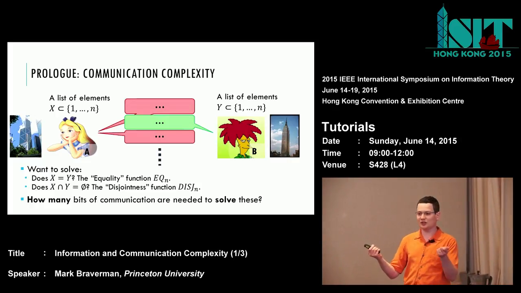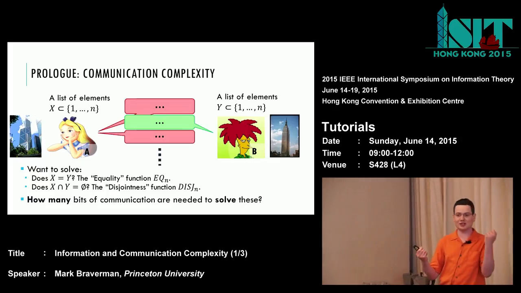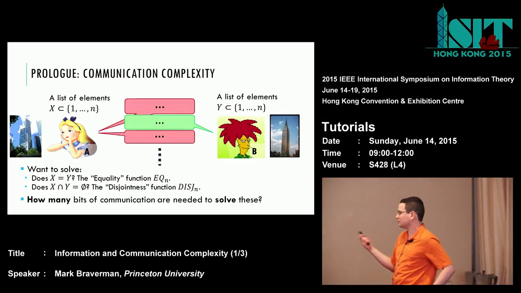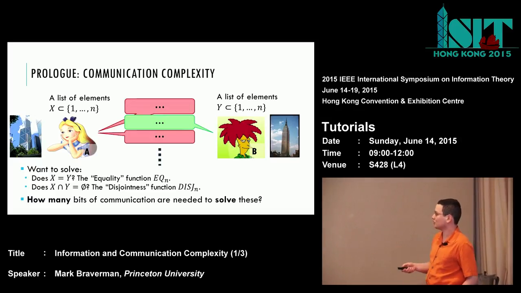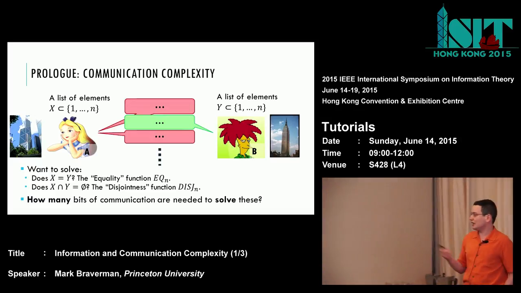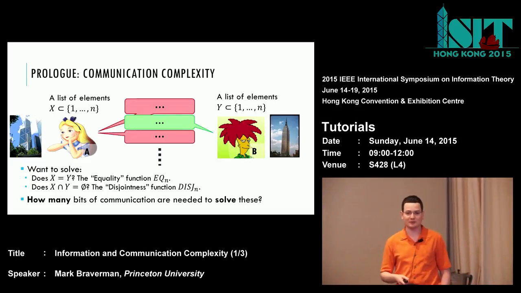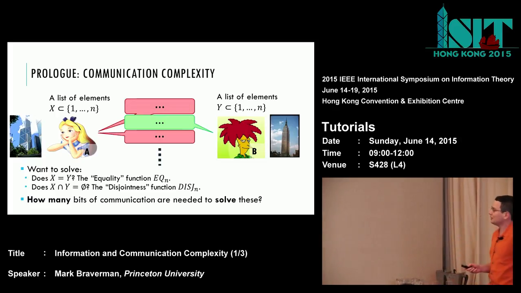Notice that in both of these cases, the output is just a single bit. The answer is just yes or no. They do it by sending messages to each other, and the basic question is, how many bits do you need to exchange to solve these problems? This is the basic setup.